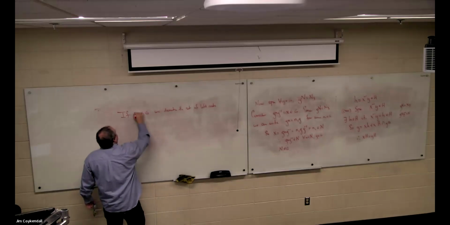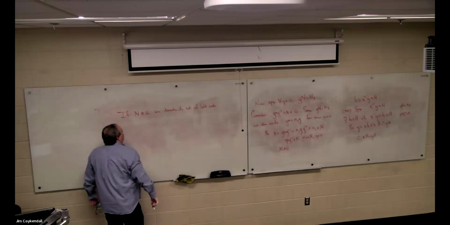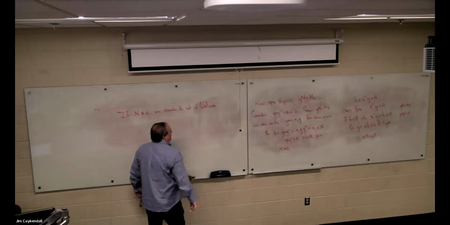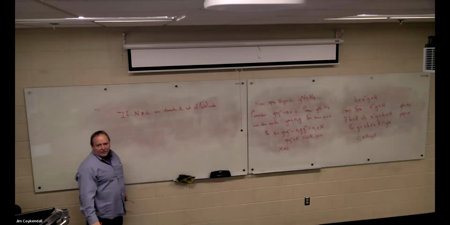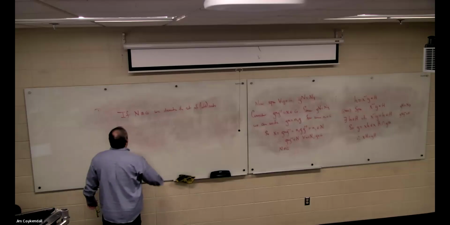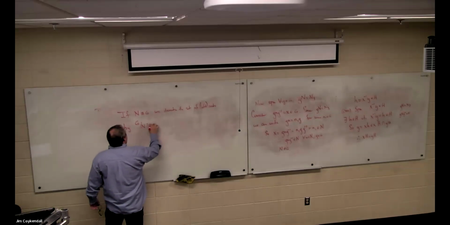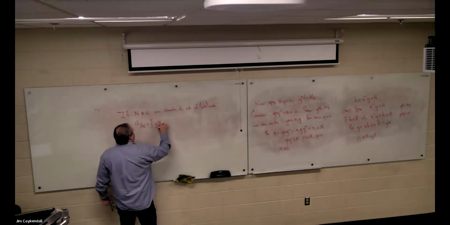I am going to go normal here because I don't want to confuse the notation. If N is normal in G, we denote the set of left cosets, and of course, I put left in parentheses here because left, right doesn't make a difference, by G mod N. And this is just the set of left cosets.